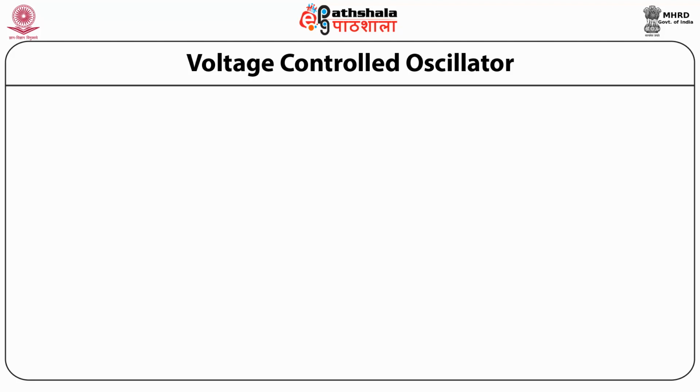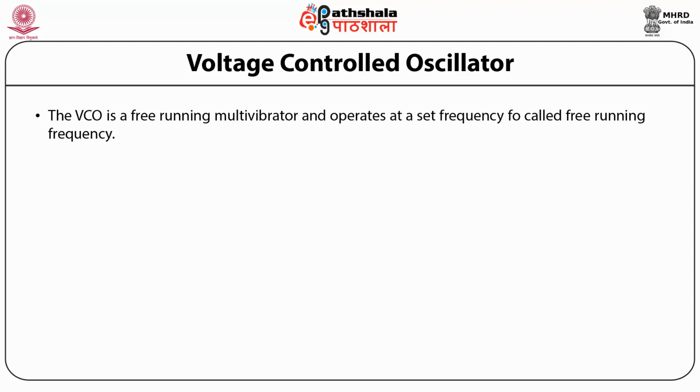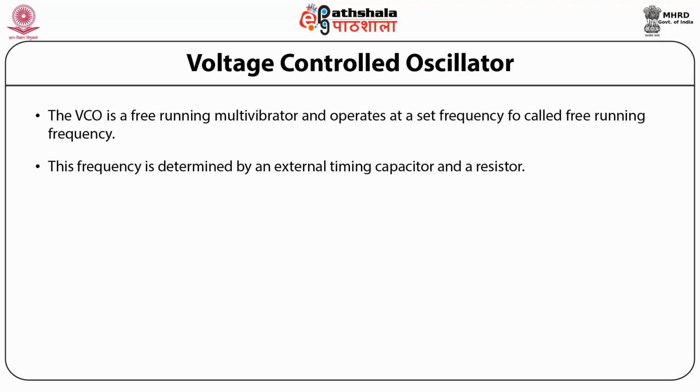Voltage controlled oscillator. This is the main component of PLL, which is nothing but a free running multivibrator and operates at a set frequency F0, called the free running frequency. This frequency is determined by an external timing capacitor and a resistor.